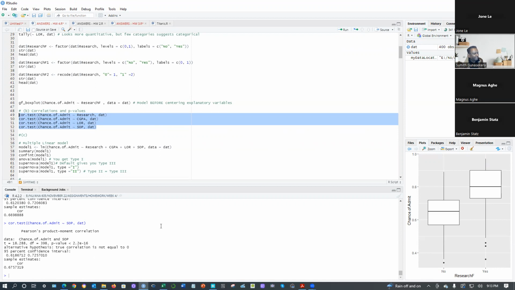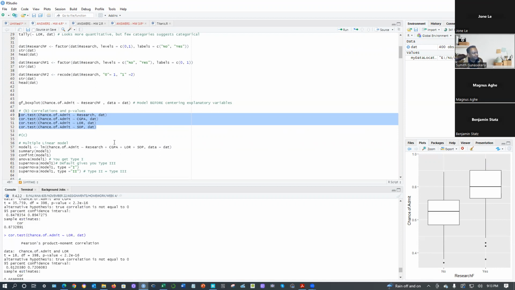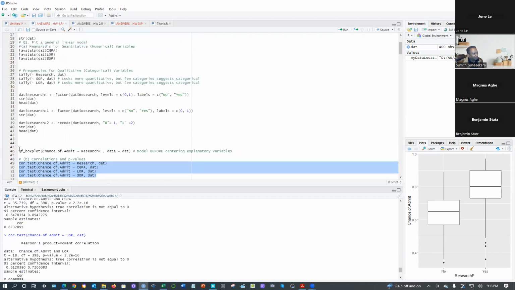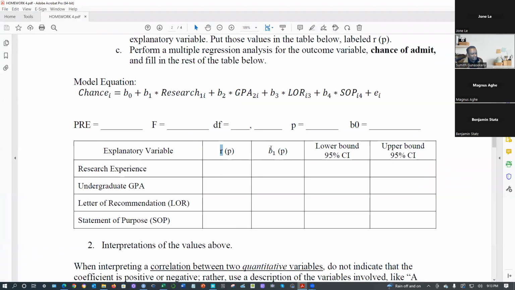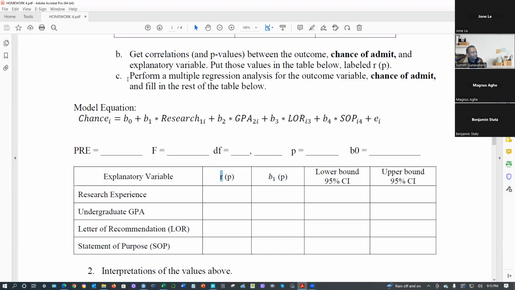Okay, and part C, then. Let's look at part B here. In part B, we labeled those over here. Part C, perform multiple regression. Instead of taking into account one at a time the way we used to do, we get the whole thing together.